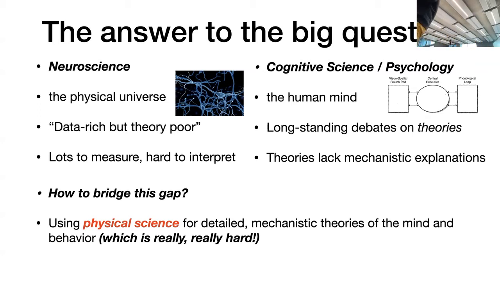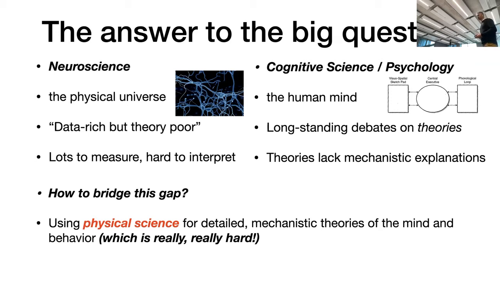These are physical measurements, electrical measurements, mass measurements. So you have enormous amounts of data, a really big jug of all sorts of scientific results, but they're really hard to interpret because this field has all this data but is relatively theory poor. There aren't any overarching physical laws of nature, if you will, for how brains work, or at least we haven't found them yet. We just have a lot of measurements.